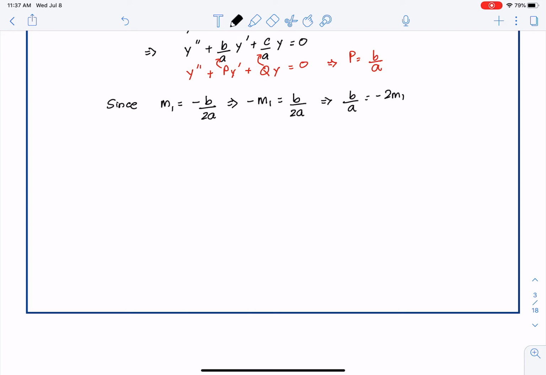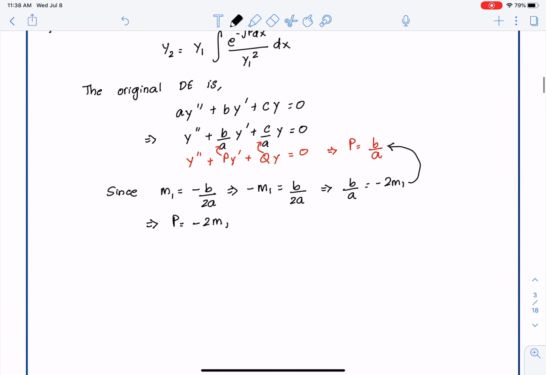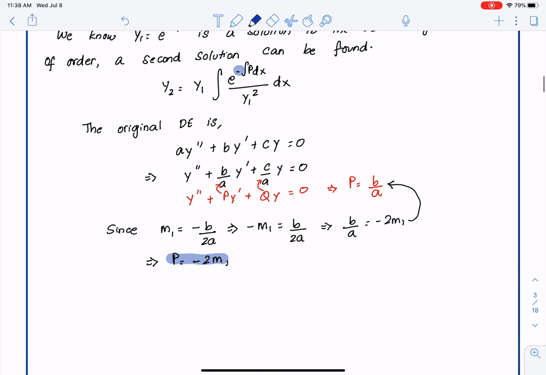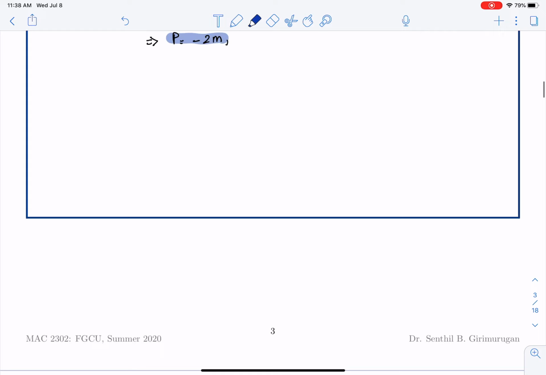I'm going to take that and plug it in p. That would conclude that p is simply negative 2m1. I'm going to take that p and plug it in there and integrate.